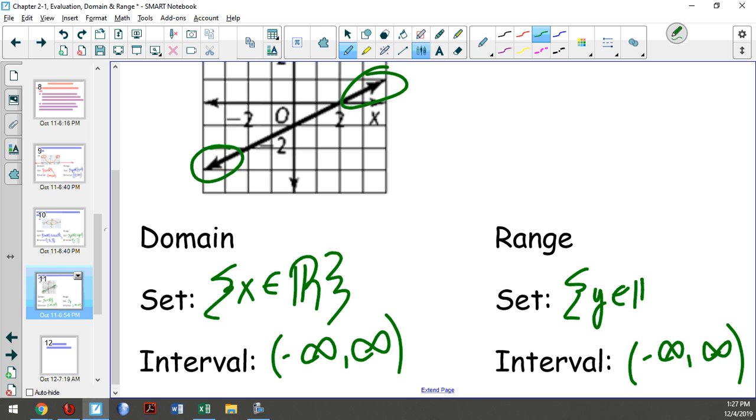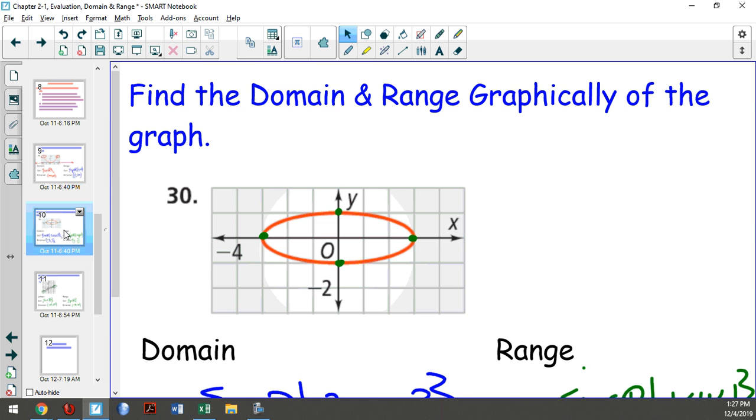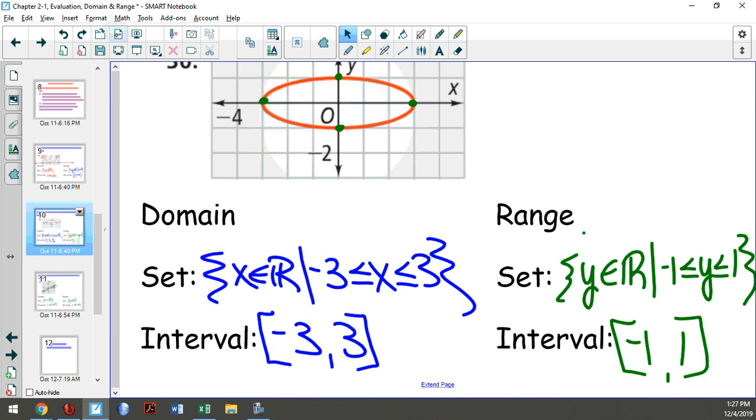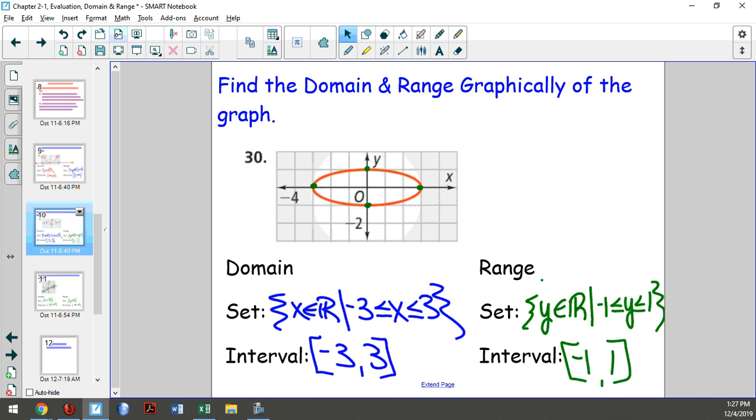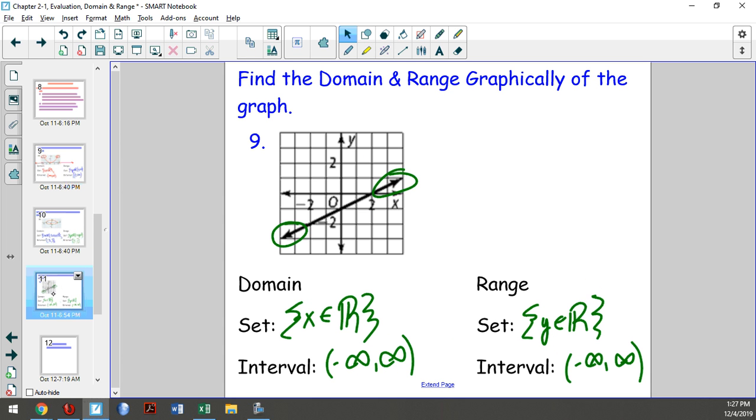Y is an element of the reals. Do I have any restrictions? No, so I simply close it. It doesn't have a starting point or ending point like this one had. Do you see how these all have points? It says my graph is only between -3 to +3. Those arrows mean that it goes on forever.